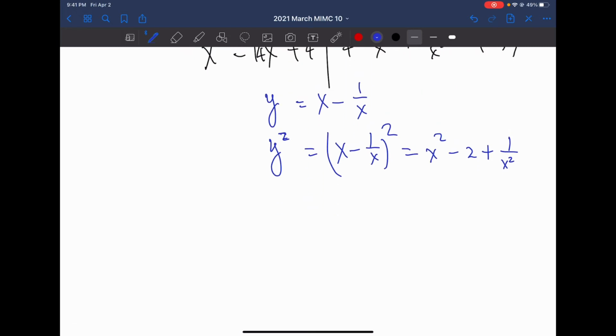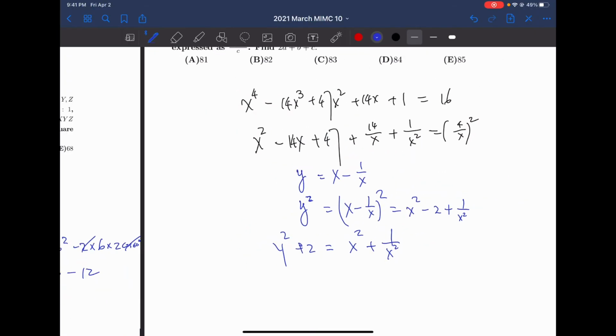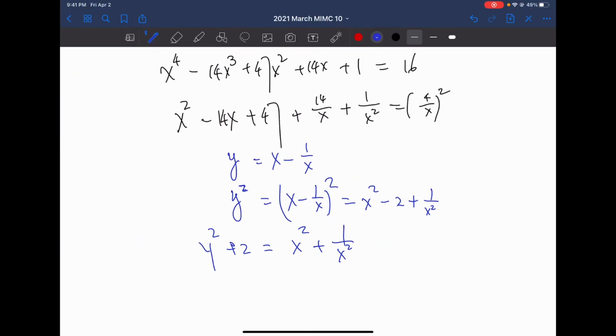And that can be converted into y squared plus 2 is equal to x squared plus 1 over x squared. And therefore, let's plug it back in.